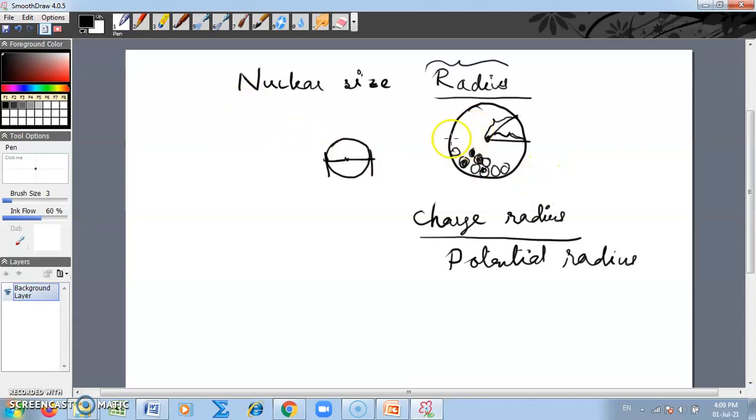Because you see, even if particles are till here, the effect, you know that if I have a positive charge here, its effect is slightly felt to certain distances outside.